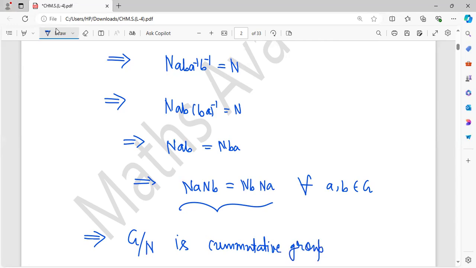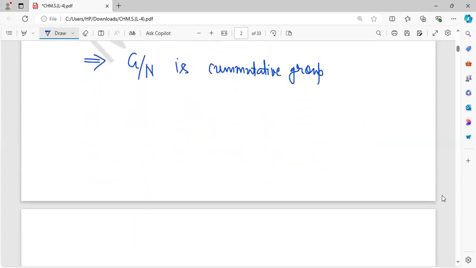If a group is commutative, then it is an abelian group. So this implies G quotient N is an abelian group. So this is proof of one direction.